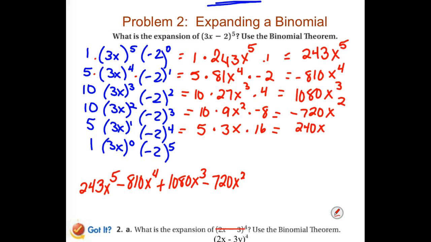All right, x to the 1st. And last term, I have a 1 times, what's 3x to the 0? 1 times, what's negative 2 to the 5th? So multiplying, I get negative 32, and that's my final term.